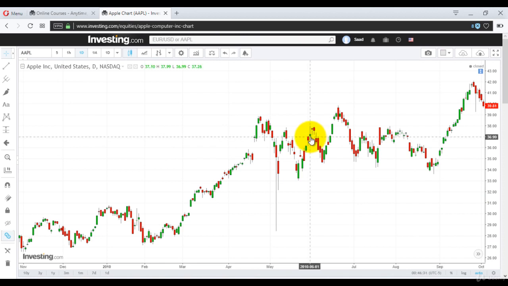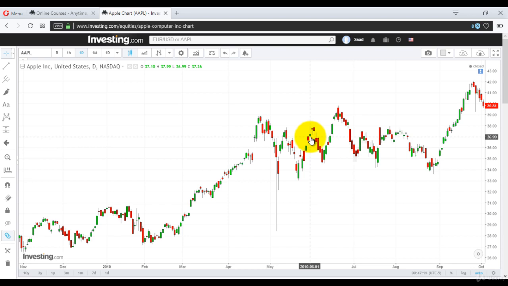And just look at this one. This opened at 37.10, made an extreme high of 37.99, but then came back down and closed near its open of 37.26. Now, a shooting star could have a green or red candle.